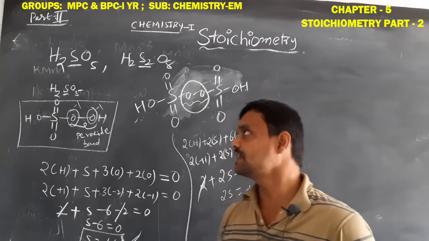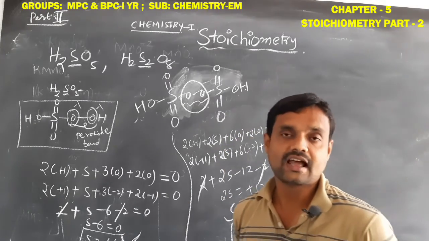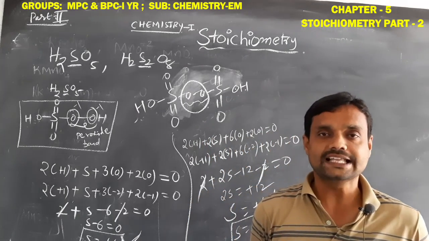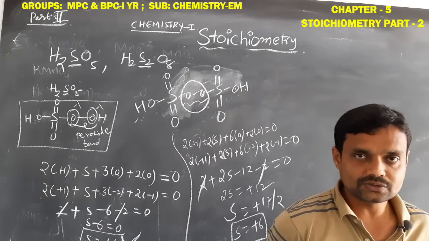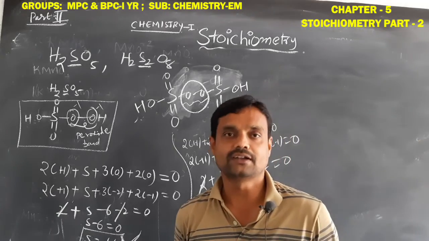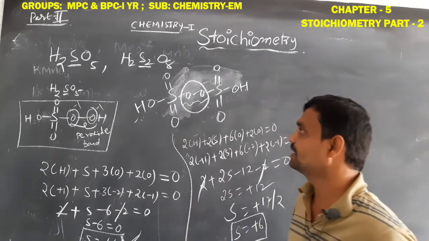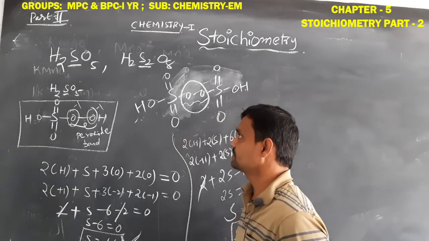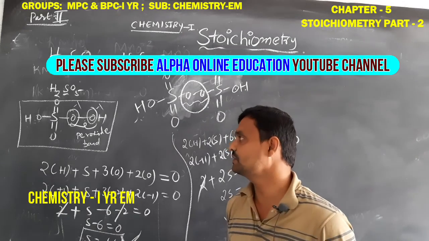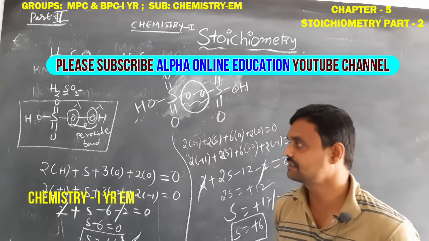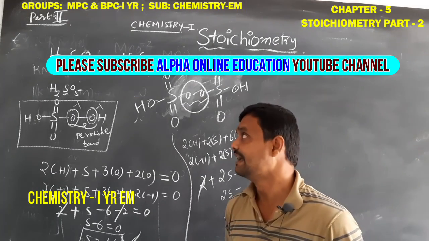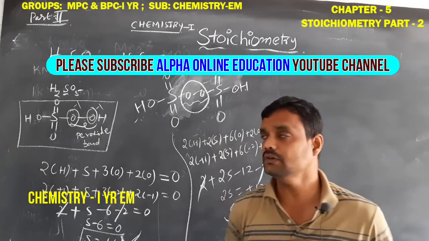Only in few compounds like H2SO5, H2S2O8, oxygen is involved in the peroxide bond. When oxygen is involved in the peroxide bond, then we have to take its oxidation number as minus 1. Okay student, so these are the examples for H2SO5 and H2S2O8 compounds. In each compound, 2 oxygen atoms are involved in the peroxide bond. So by using this process, we should find out the oxidation number of sulfur in H2SO5 and H2S2O8.